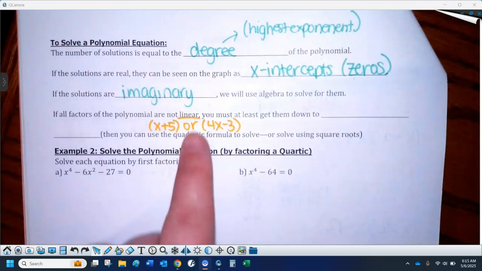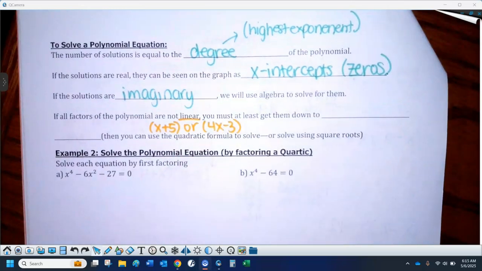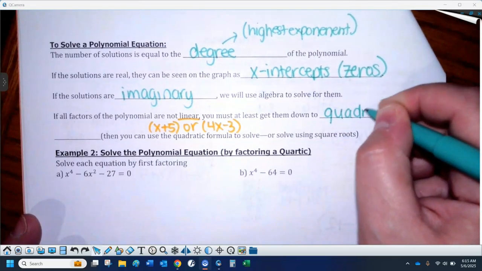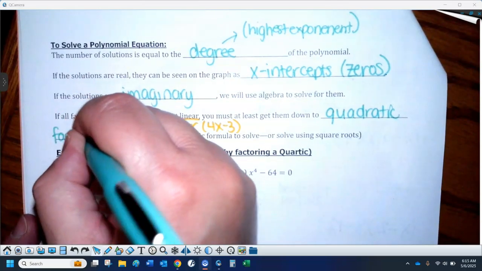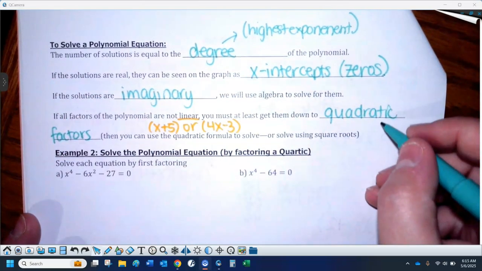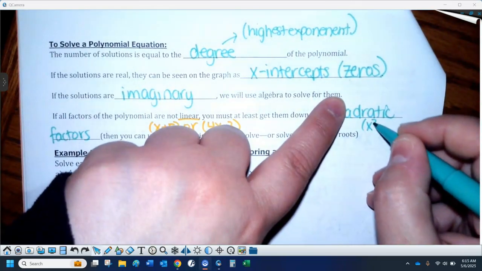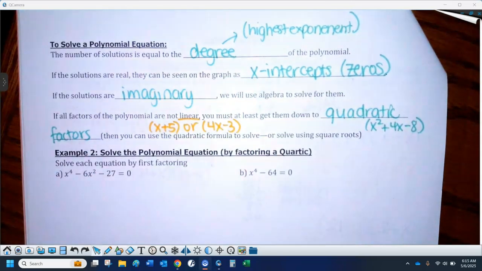But this says if they're not like that, if they're not linear, you have to at least get them down to quadratic factors. Sorry, I should have given this line a little bit more room. Quadratic factors. So quadratic would be, I'll just give you a tiny example, like x squared plus 4x minus, I'm just making something up, that doesn't factor or anything like that.